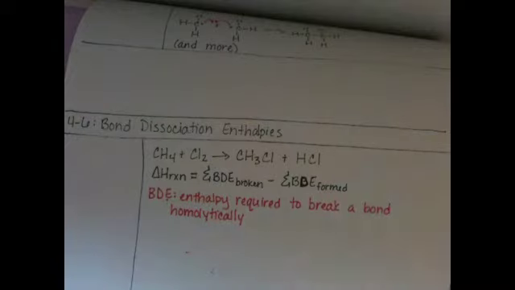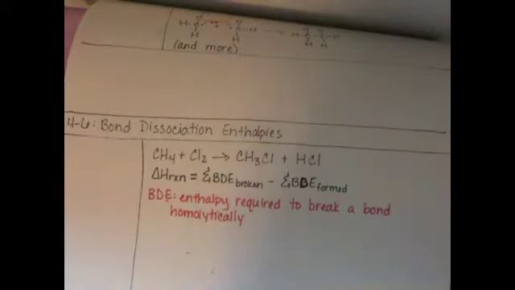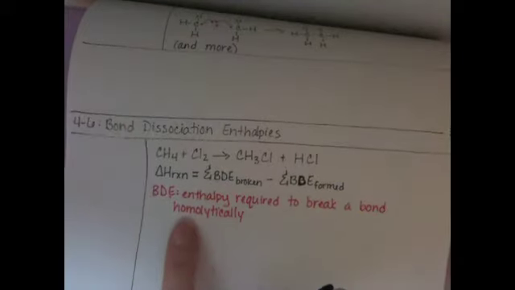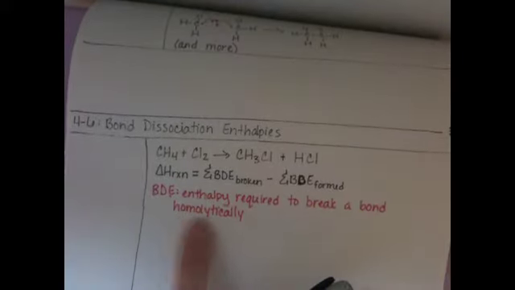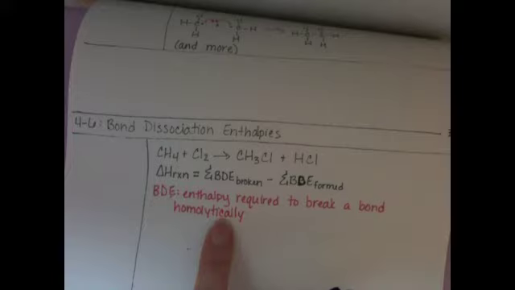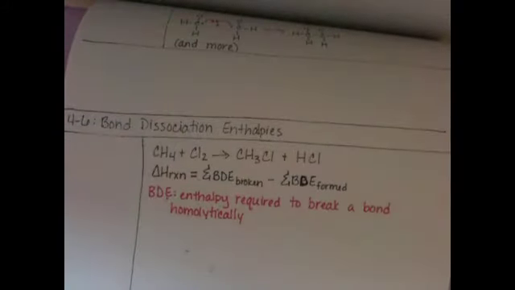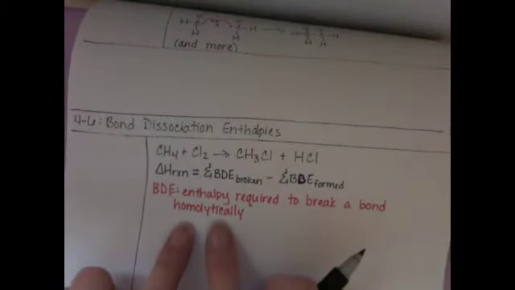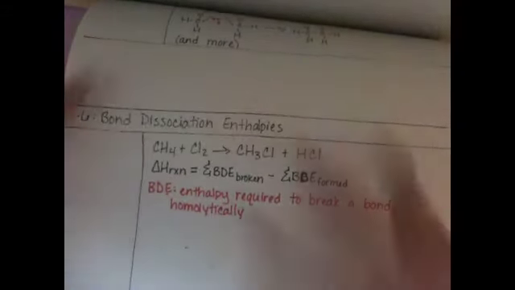Homolytic cleavage. The word homolytically might be new to you, but for as much as you've learned science, you can figure out what it means. You know already that homo means the same, and lytic, lysis, you know from biology, means to break or to burst. So a homolytic bond cleavage is when you're breaking a bond in the same way.